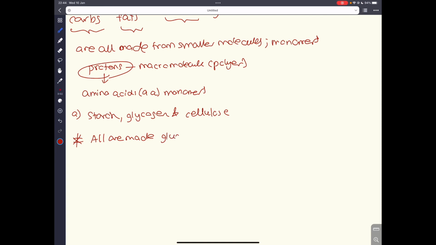You will have to know the chemical formula for glucose. You don't really have to know the specifics about glucose at this IGCSE level, but you will have to know its chemical formula, and this is C6H12O6. This is something that you have to remember.